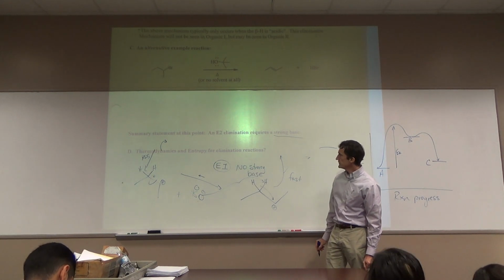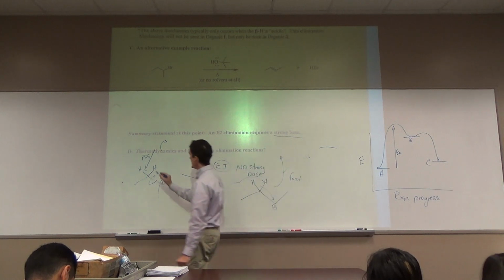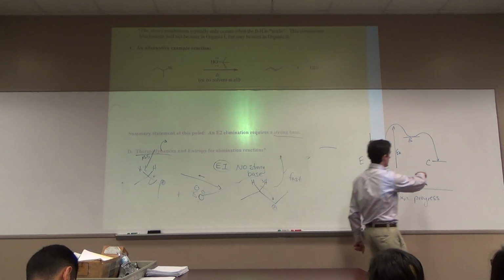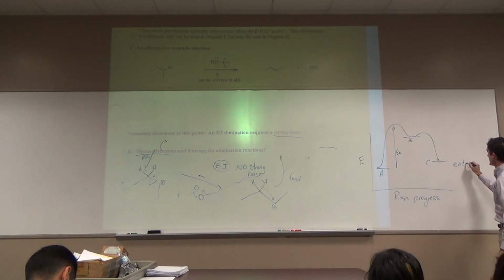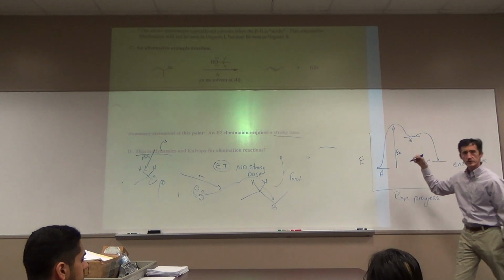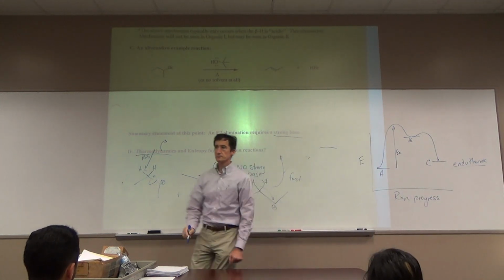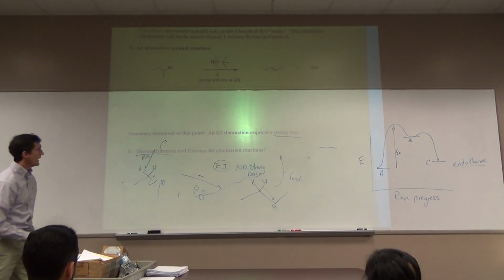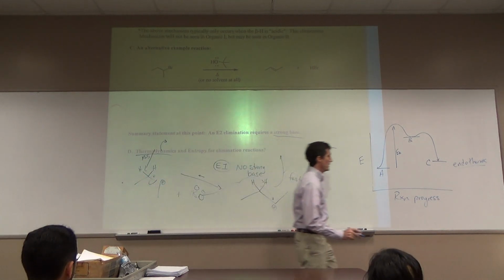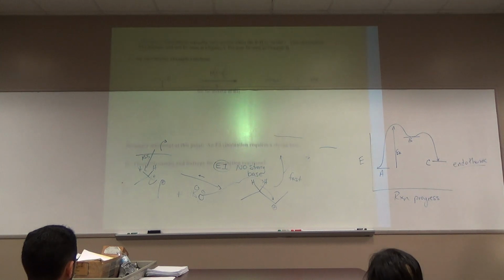Thermodynamics and entropy for elimination reactions. We've already kind of said that. First reaction, when we looked at it, was actually endothermic, right? That's really nothing new. You could have figured that out on your own. Entropy. Well, let's just look at the reaction we just did.